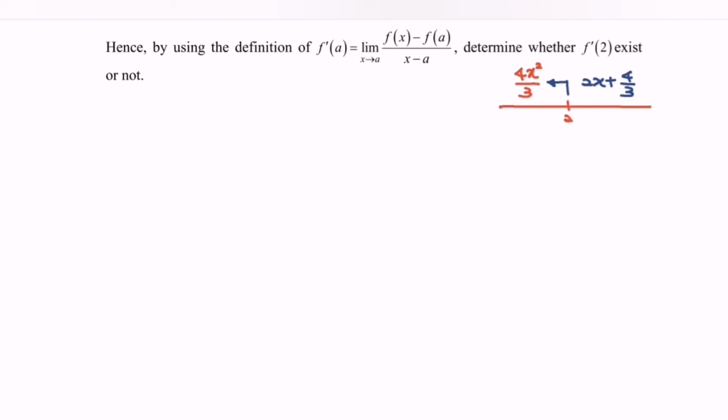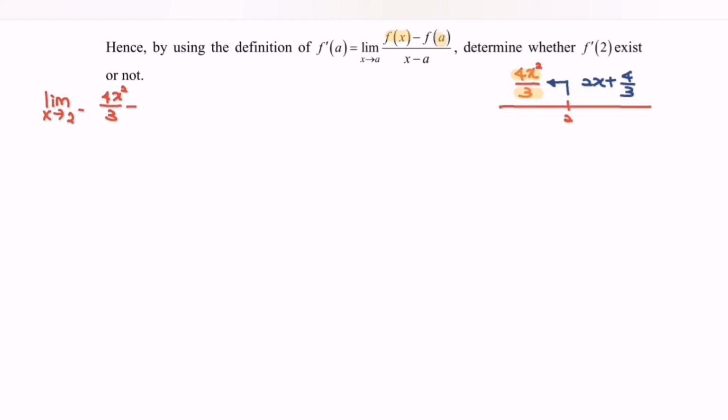We begin with the left hand side: the limit when x approaches 2 from the left. For the function, f(x) is equal to the left piece, so we substitute 4x squared over 3 minus f(a).